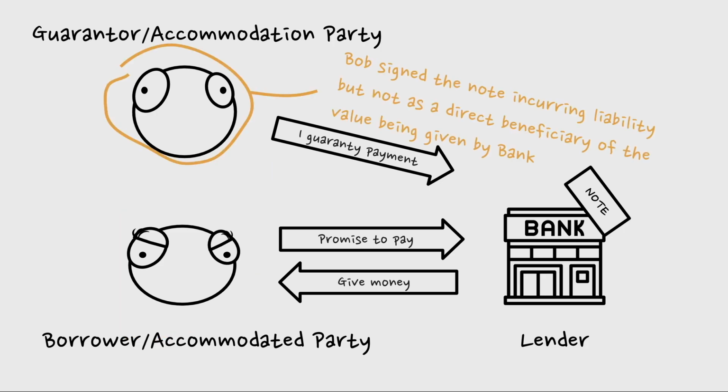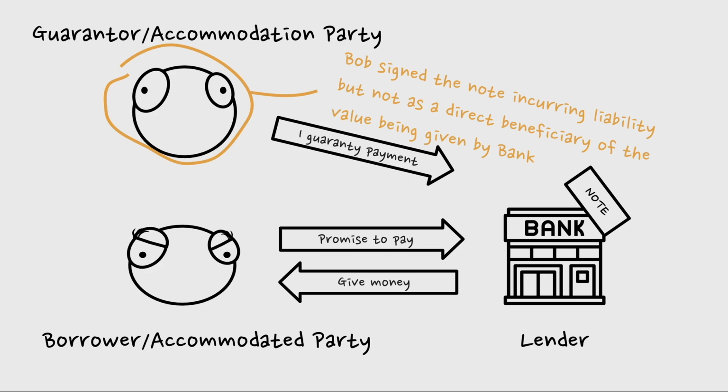When Bob signs it, all he's doing is incurring liability. He's not a direct beneficiary of value being given by the bank, right? The bank's not giving him the money. So we can look at it and say, well, he is not the one directly benefiting.